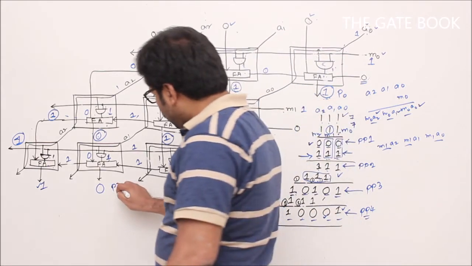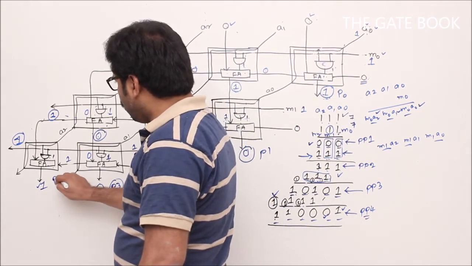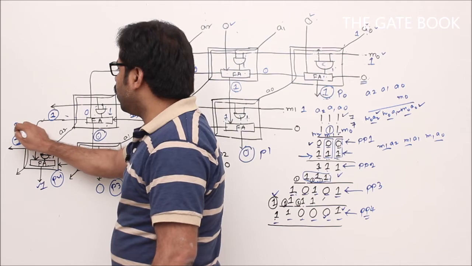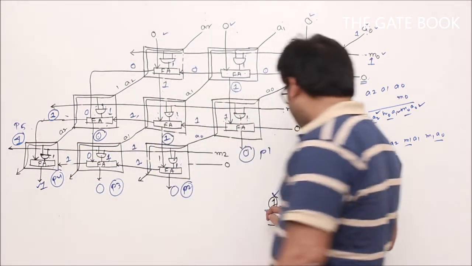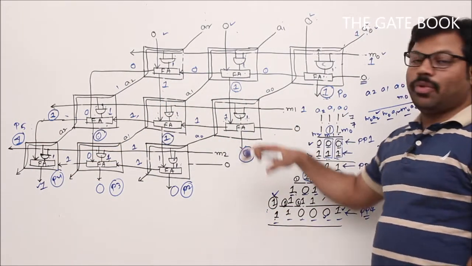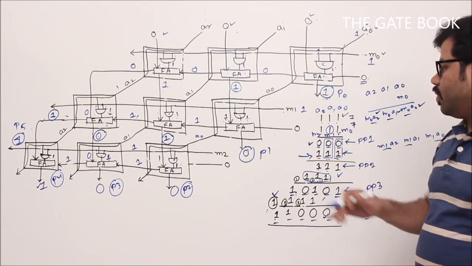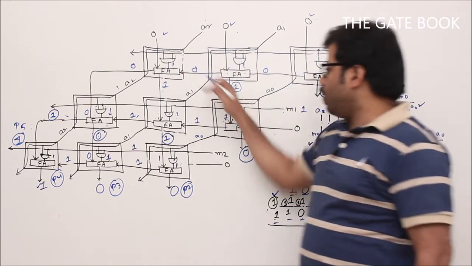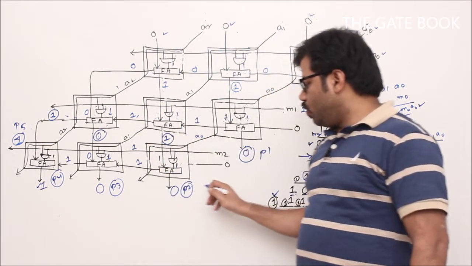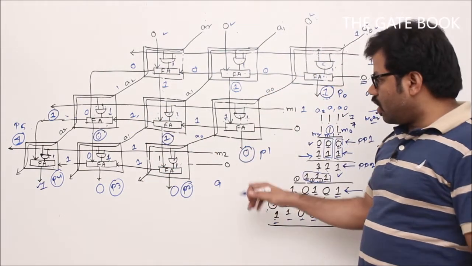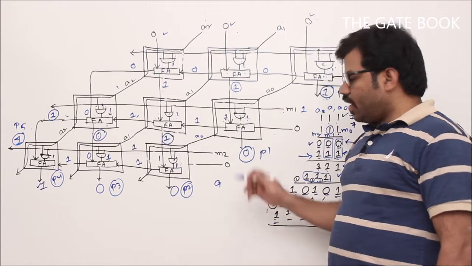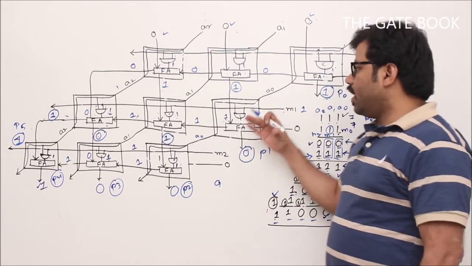This is P3, this is P4, and the final carry is nothing but the P5 bit, this one, okay? So this is about the array multiplier, which is here multiplying two 3-bit numbers, okay? So 1 2 3 4 5 6 7 8 9, you need 9 blocks. Each block contains one full adder and one AND gate. So these are the details about gates.